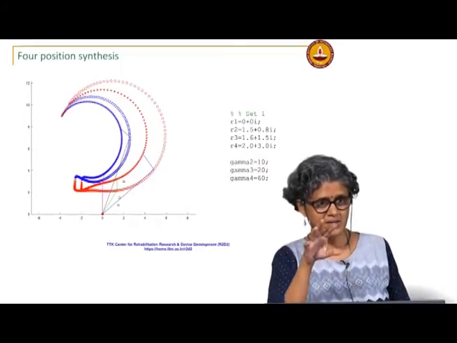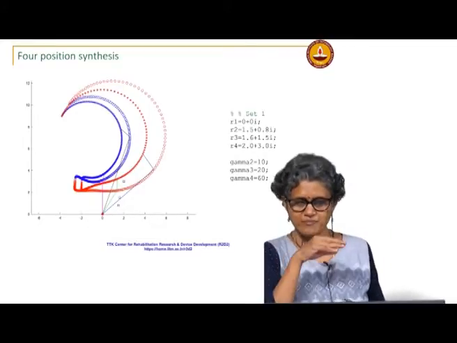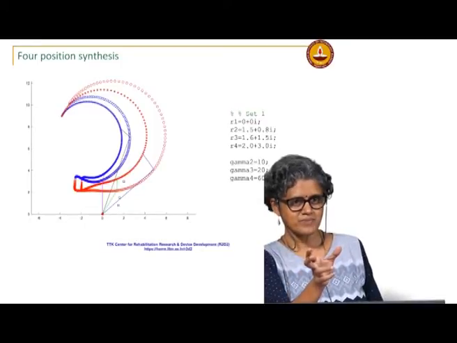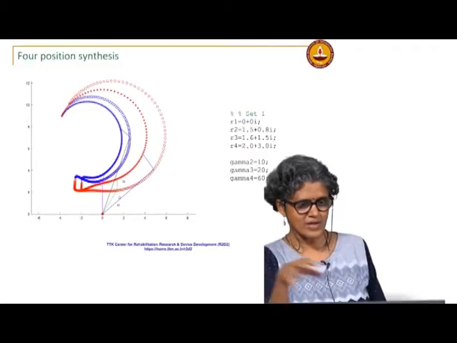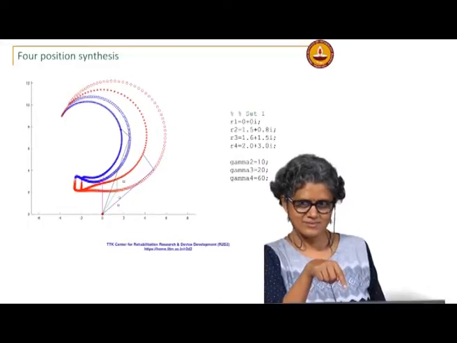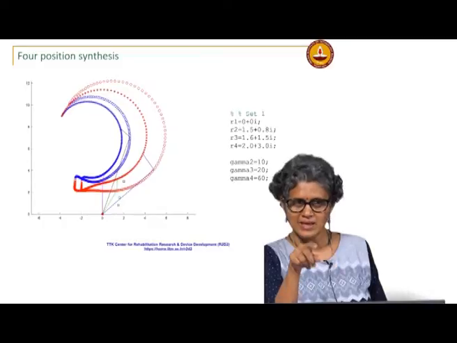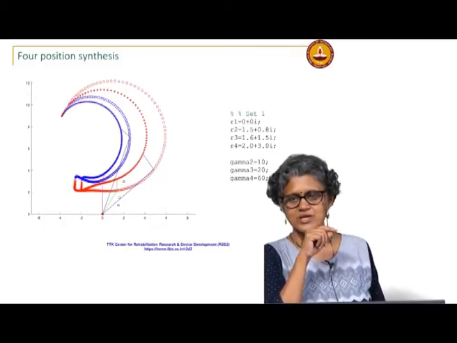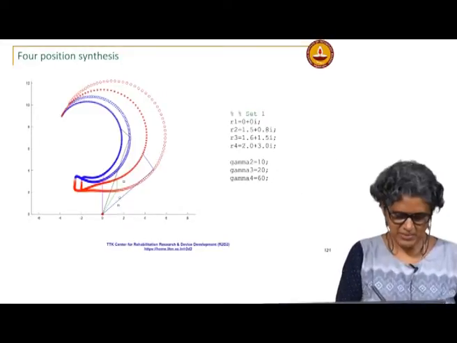So, I have 5 positions 1, 2, 3, 4, 5, and I take them 4 at a time, say 1, 2, 3, 4 or 1, 3, 4, 5, and I plot these, and if I can find an intersection of the M and K curves, then that is a potential solution.